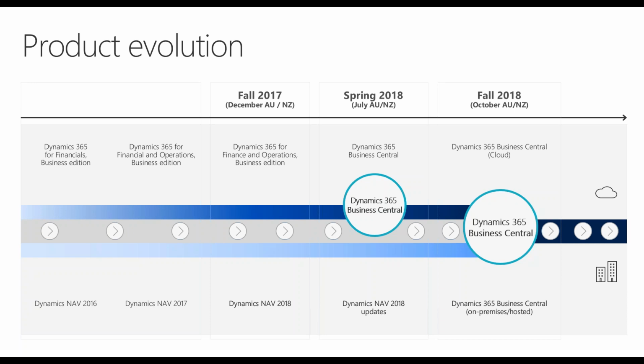So the product has evolved. Its technology has evolved over many years. It's not a product that's just appeared on the market that we're testing out. It's a product that's got a good pedigree and great functionality built over many years. That's now going to the next level.